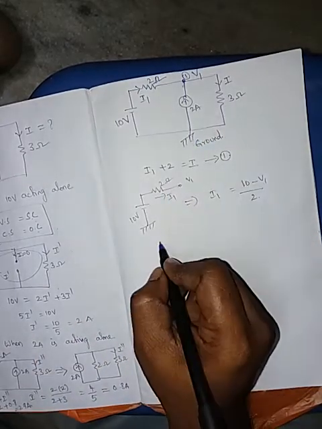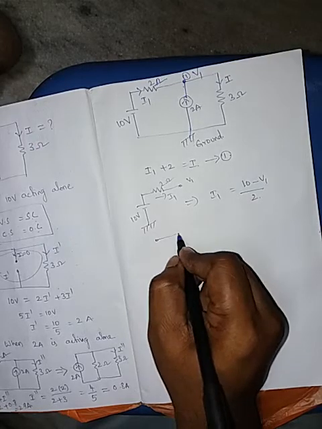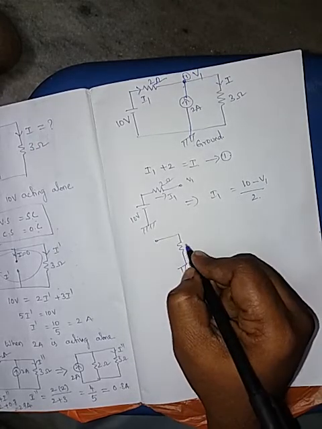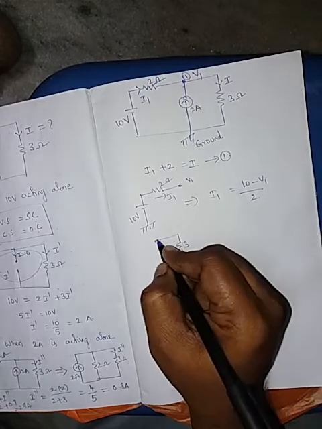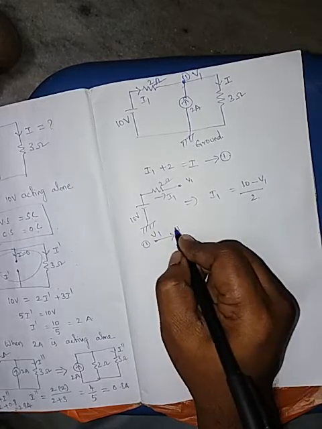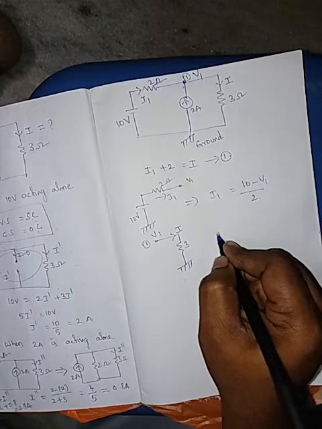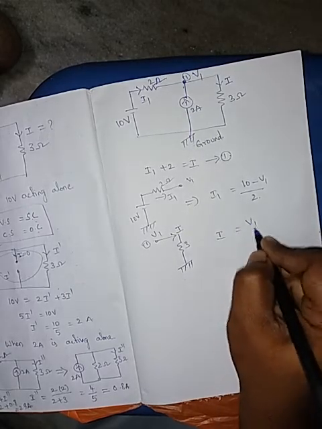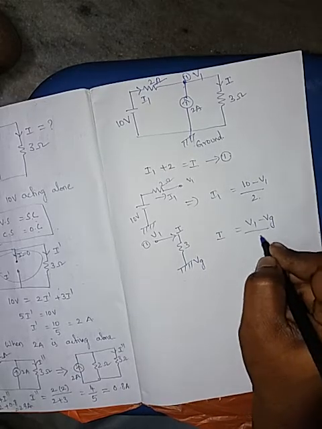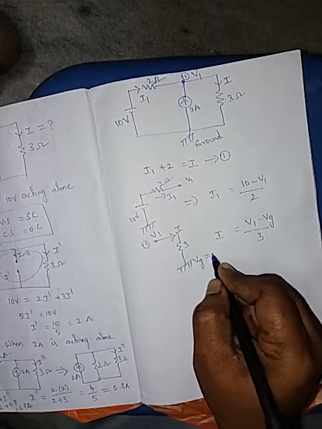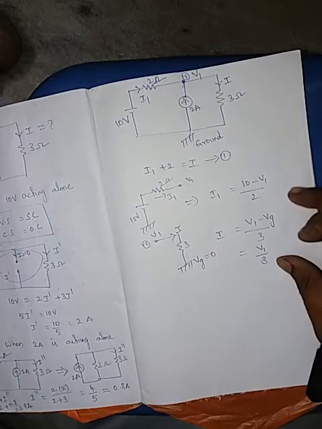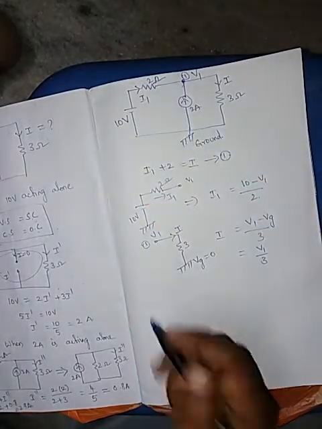Similarly, I is the current through the 3 ohms connected to the ground. I is (V1 minus Vg) by 3. As we know, the potential at ground is 0, so I is V1 by 3. Now you can substitute these two values here.